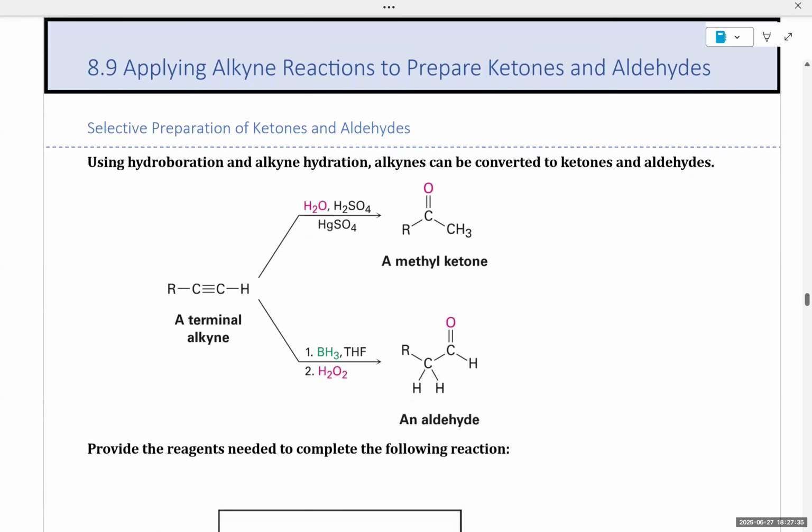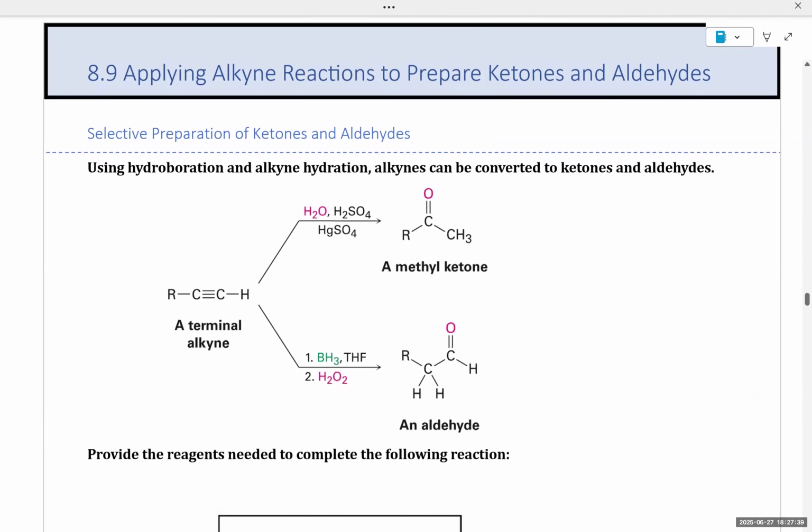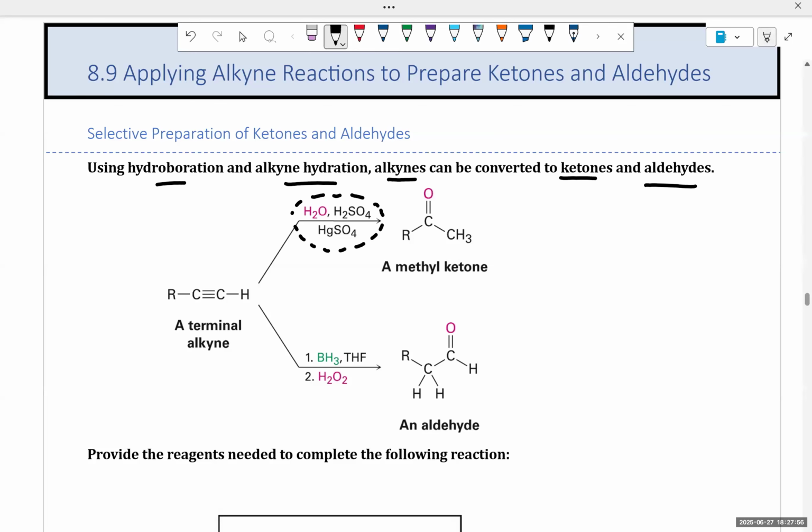Let's make this idea explicit and let's talk about applying alkyne reactions to prepare ketones and aldehydes. So using hydroboration and alkyne hydration, alkynes can be converted to ketones and aldehydes. If you want the ketone, you use oxymercuration or acid-catalyzed hydration.